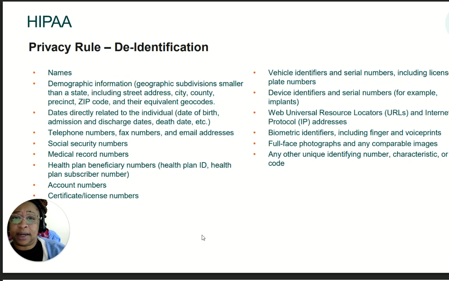Now, let's go more in depth into HIPAA. Let's talk about the privacy rules and the de-identifications, and what they include. We have the names of the patients, demographic information, geographical subdivisions smaller than a state, including the street address, city, county, zip codes, and other information that could be included.